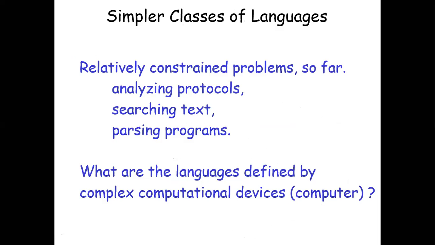But when we move onwards, there are some complex problems which can be resolved with a higher-power machine. Relatively constrained problems so far, for example analyzing protocols. Suppose we want to analyze which type of protocol is being used. If we are searching text, we want to tokenize the text: we break the string into tokens, compare the tokens, and come up with the result whether the string is matched or not.